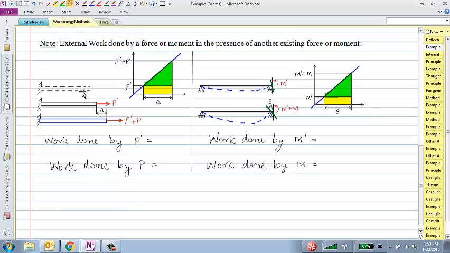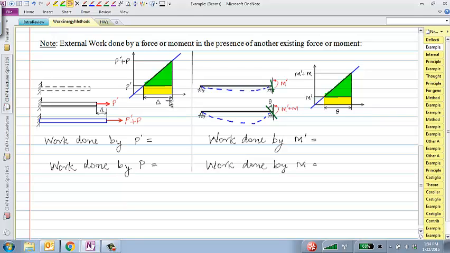There are two forces. And if I were to plot the external load applied versus the deflection of this bar, I would see that when I apply P prime, it goes up to some amount, say delta prime. When I apply an additional P, it has an additional deflection of this delta.